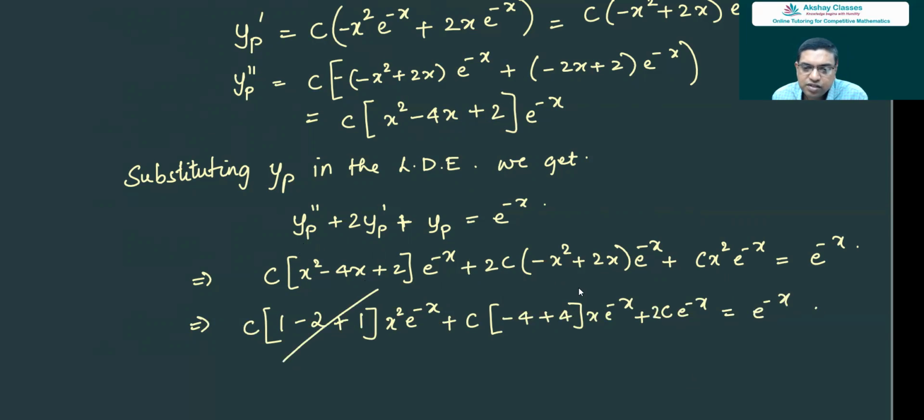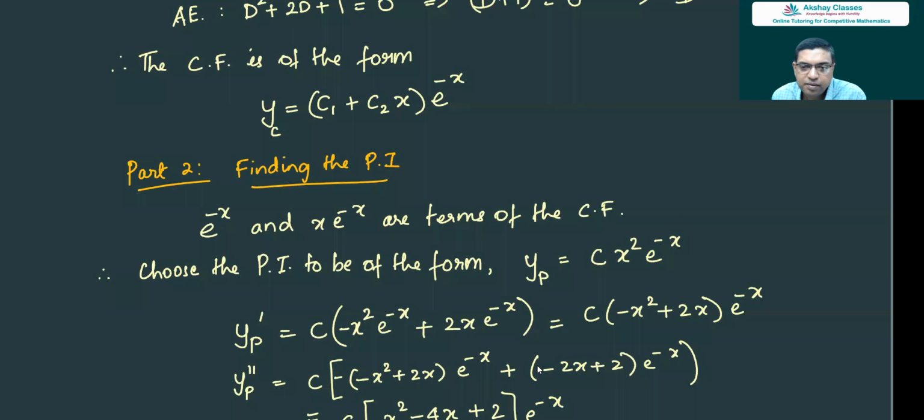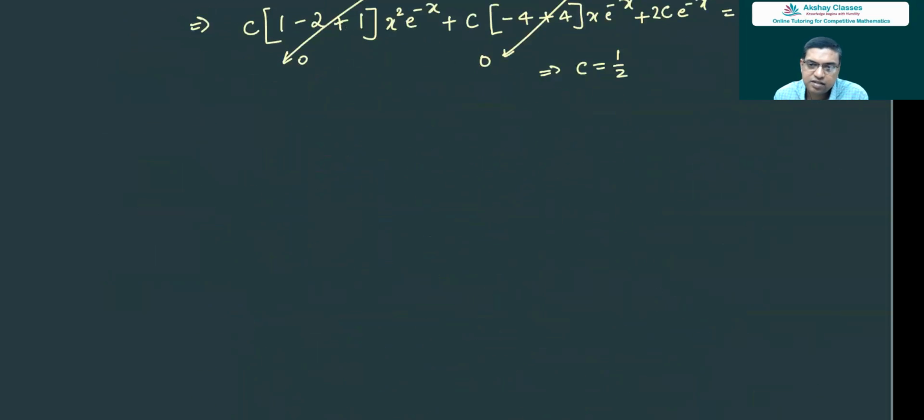So this is 0, this is 0, so no issues about that. So we get c is equal to half.